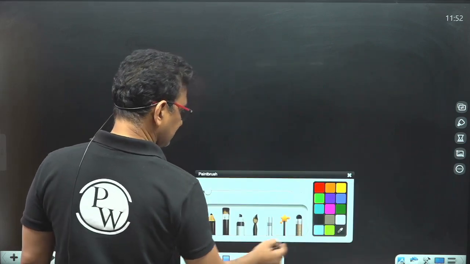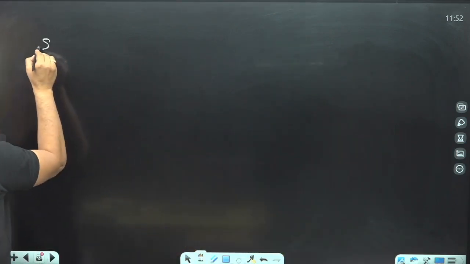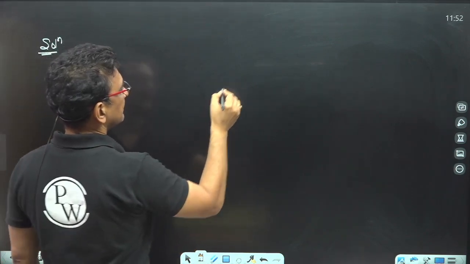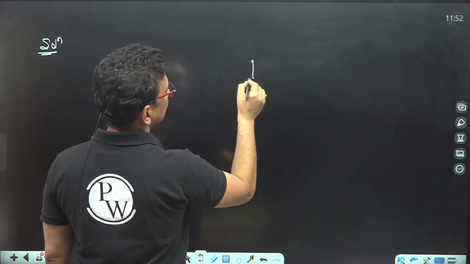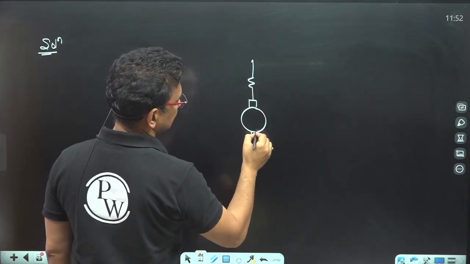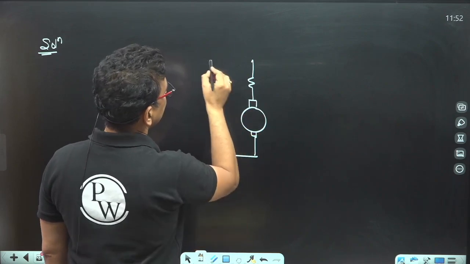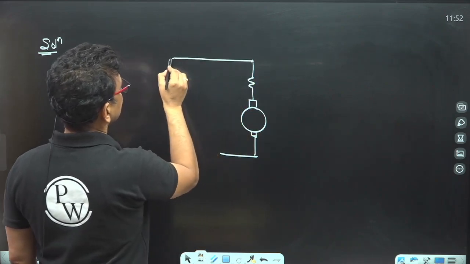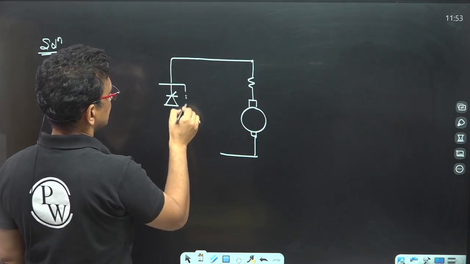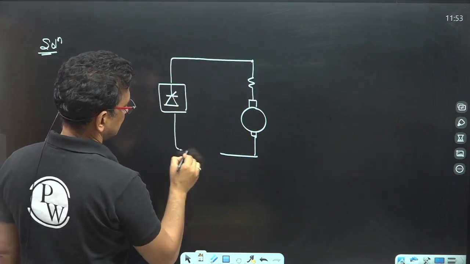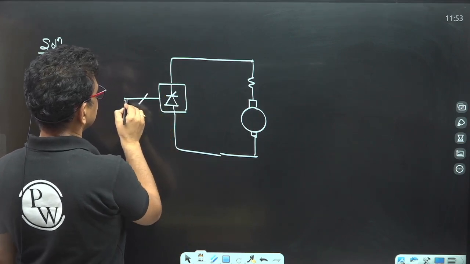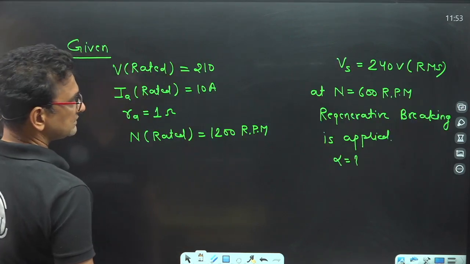Now come to the solution. A single phase full bridge converter is there. So I have a motor, this is the armature circuit of the motor. It is fed by a single phase bridge, and this is 240 volt.